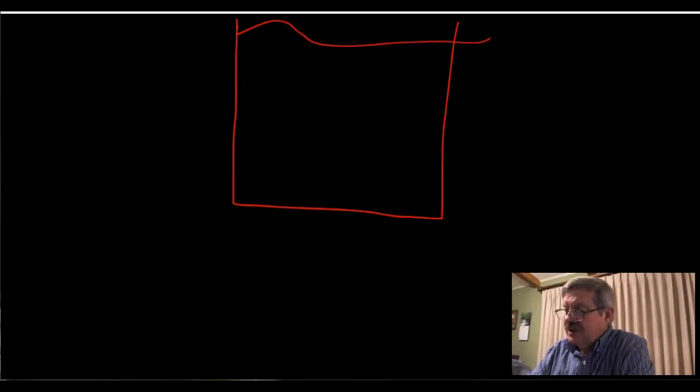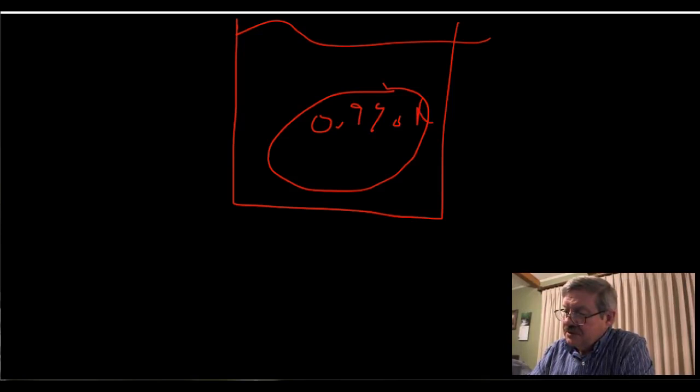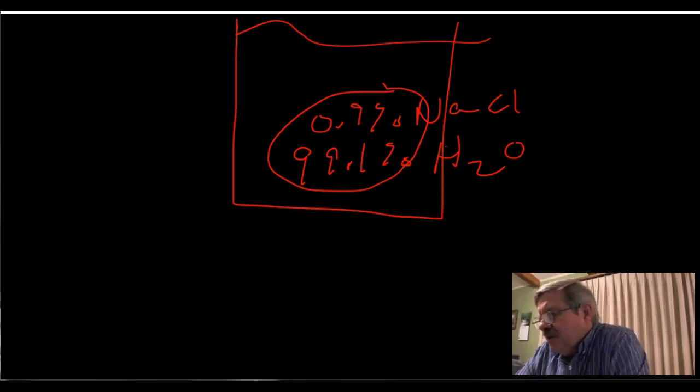And here is a beaker. Have a solution in there. We've got a hunk of tissue or a giant cell, 0.9% sodium chloride, 99.1% water. Okay, now I keep making the cell 0.9% sodium chloride, 99.1% water.